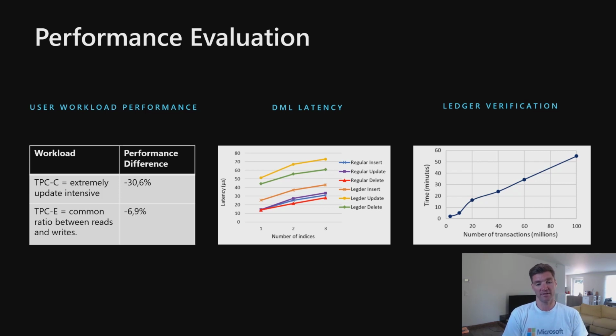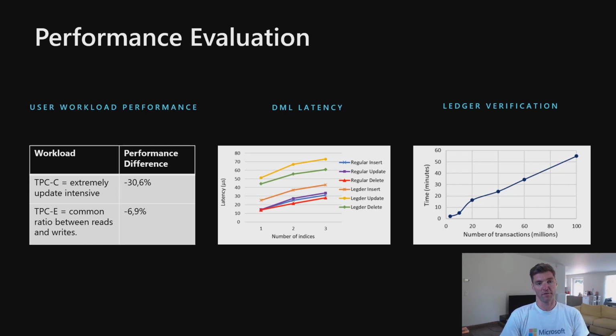If we look at the TPC-E workloads, it's less than 7% performance difference. According to the profile data that we collected, inserting the history data into the history table accounts for approximately half of the overhead, while the hash generation is responsible for the remainder, right?